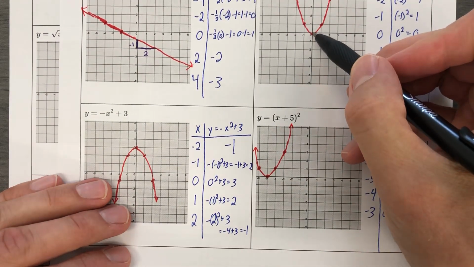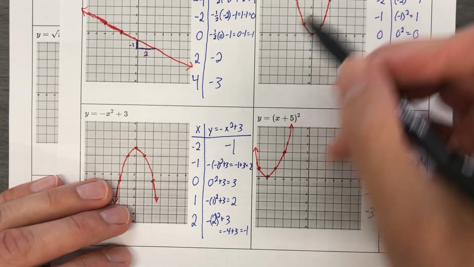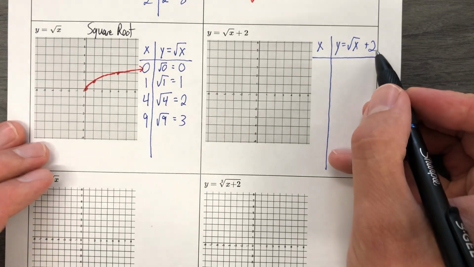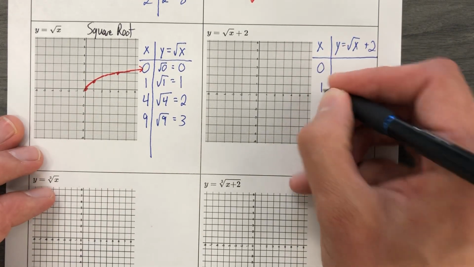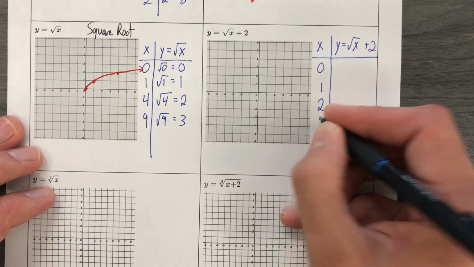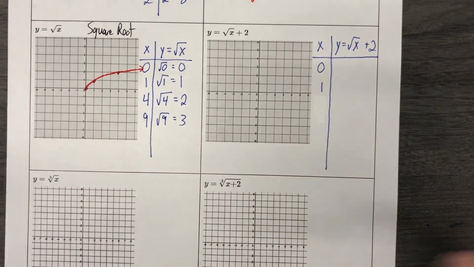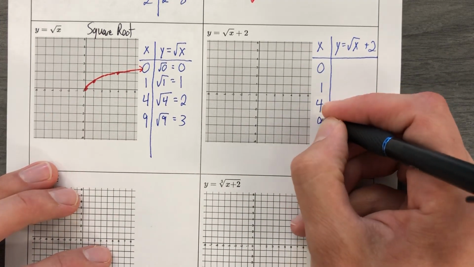So this could be shifted up 3, like this one was. It was also flipped upside down, but this plus 3 shifted it up 3. So this plus 2 is going to shift it up 2. So 0, 1, 4, and then the 9 that we can't graph.